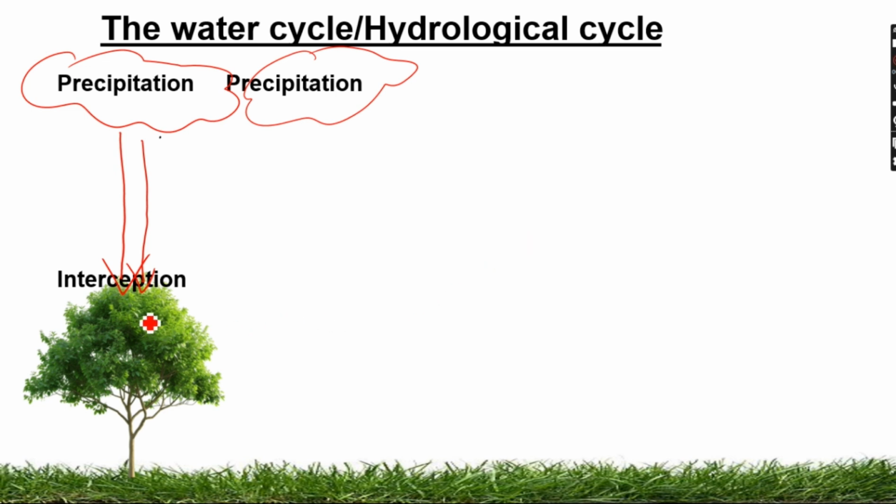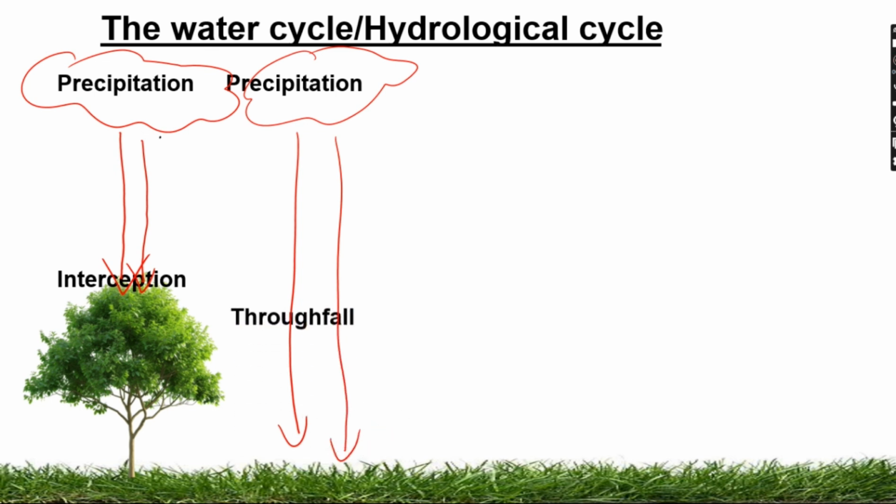Interception will happen when we have the precipitation trapped by the vegetation. Then we have a case whereby some of this precipitation will flow straight away to the ground, and this will be referred to as throughfall. But of course, we shall have some interception at the ground here where we have some grass.